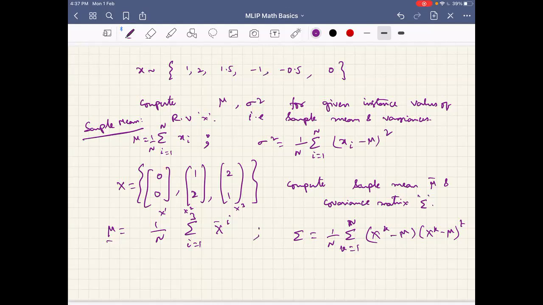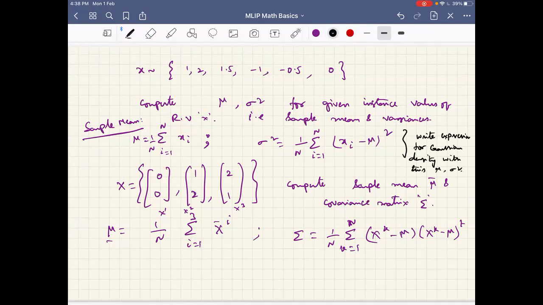Compute them. Then, with this mean and variance, there is a Gaussian density. How should the Gaussian density be? Write the expression for the Gaussian density with this mu and sigma square.